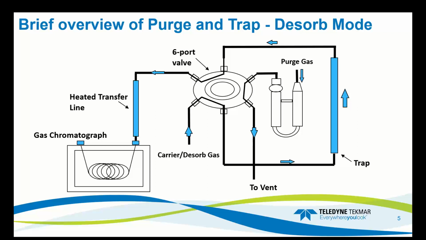Trapping the VOCs helps create a smaller band of analytes traveling to the GC column, producing greater signal-to-noise ratios and lower area-to-height ratios, generating sharper peaks and better sensitivity and resolution. Once the VOCs are captured, the trap is heated, causing the VOCs to desorb, and carrier gas is used to desorb VOCs off the analytical trap and carry them through the heated transfer line to the GC.